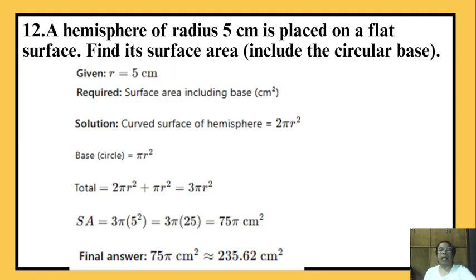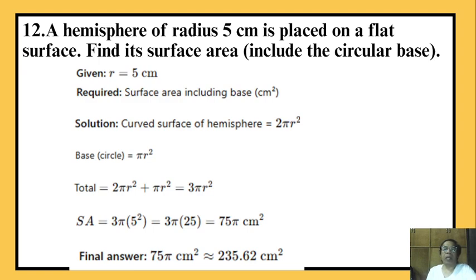So the curved surface area of the hemisphere is 2 pi r squared, knowing that it is half of the sphere. The sphere has a formula of 4 pi r squared. Divide it by 2, so you have 2 pi r squared. And the base, which is a circle, is pi r squared.